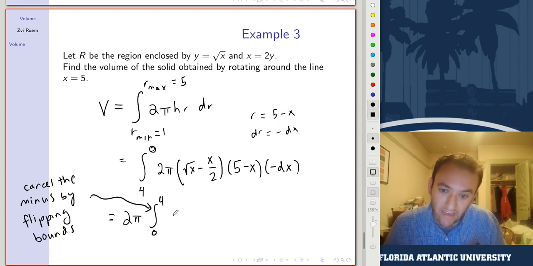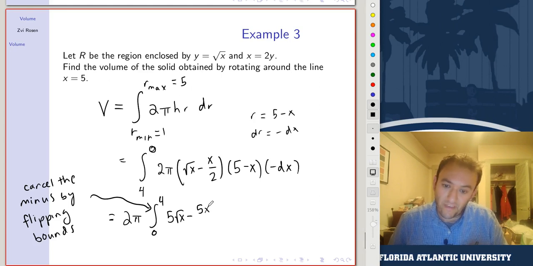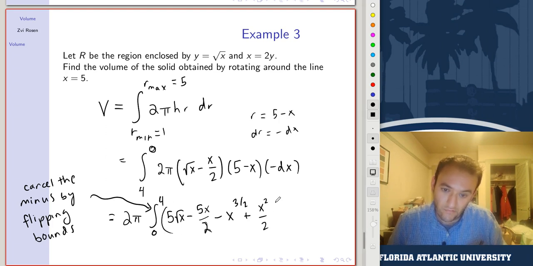We can FOIL this out. We get 5 root x minus 5x over 2 minus x to the 3 halves plus x squared over 2, and this is all dx.